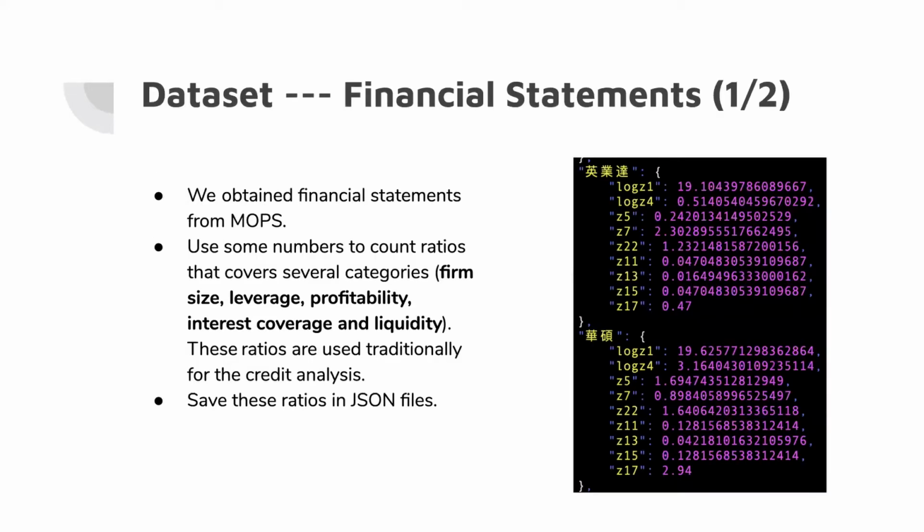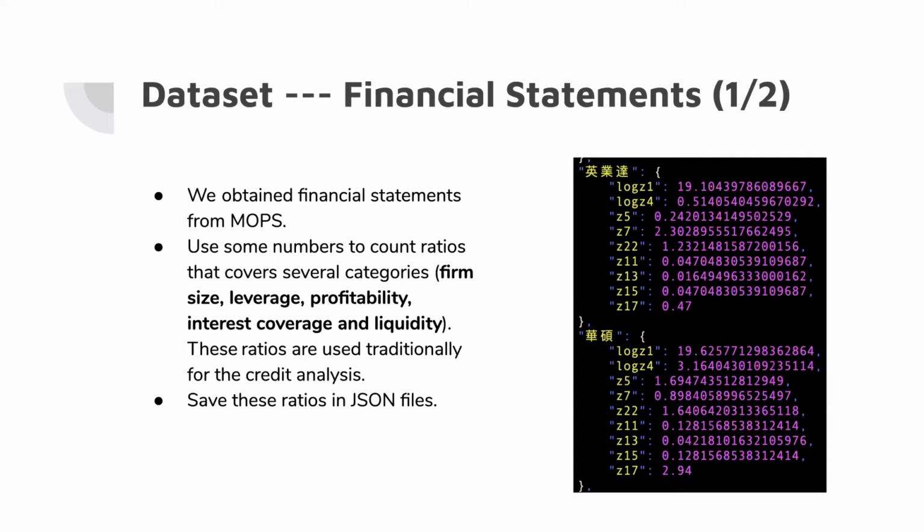Okay, now I'm going to introduce more about our data set. As I mentioned before, our financial statements come from the market observation post system in Taiwan. After we got so many financial statements, we can find many numbers inside them. So how do we choose the numbers that are useful for us?